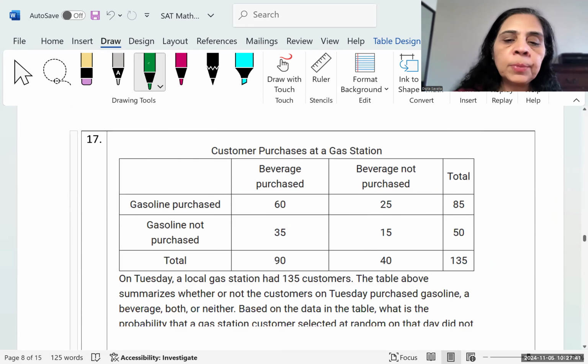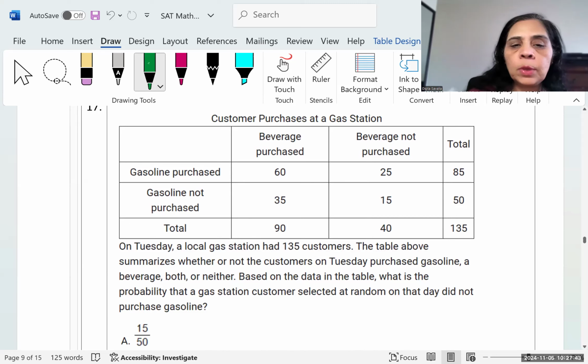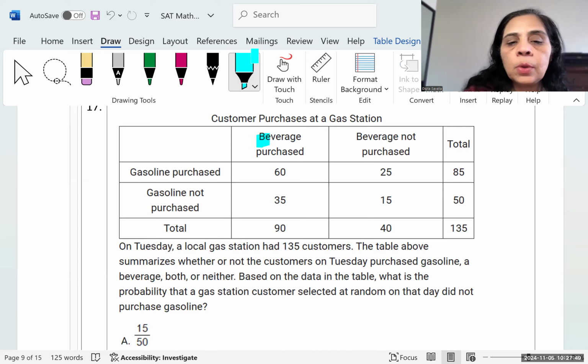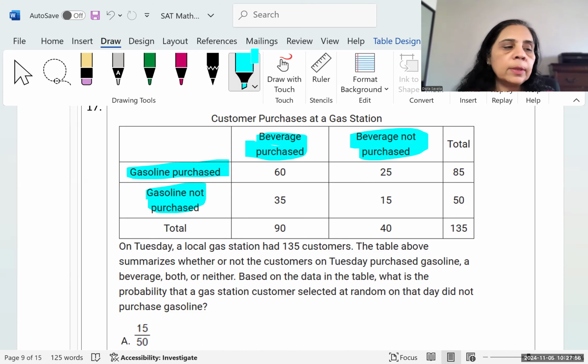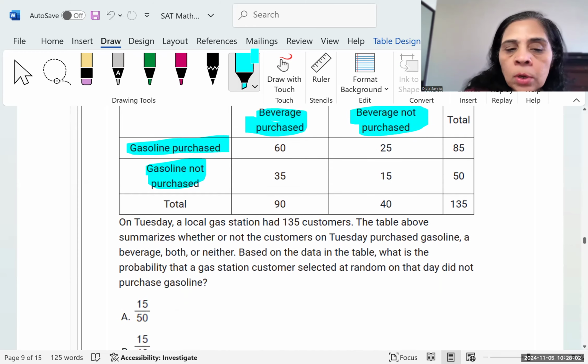All right, let's see number 17. We are given this table about a gas station, with beverage purchased, beverage not purchased, gasoline purchased, and gasoline not purchased. On Tuesday, a local gas station had 135 total customers. The table above summarizes whether or not the customers on Tuesday purchased gasoline, a beverage, both or neither.